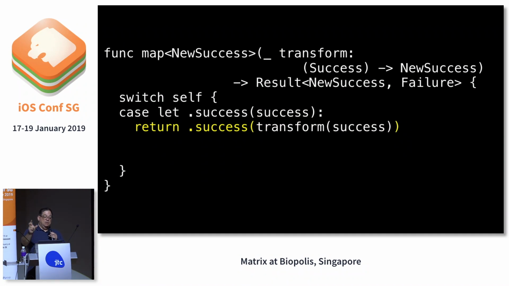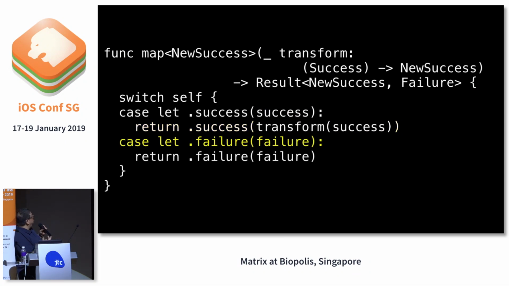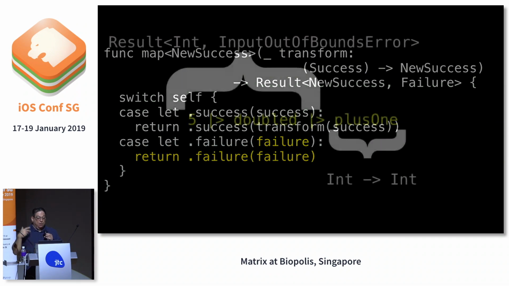So a result of type success has been transformed into a result of type new success. And in the case of failure, again, I hold on to what that failure was because, you know, that's how I was raised. Once I've held on to that failure, I wrap it in that result type and I return it, and now this map has transformed one kind of result type to another, and now everything matches.